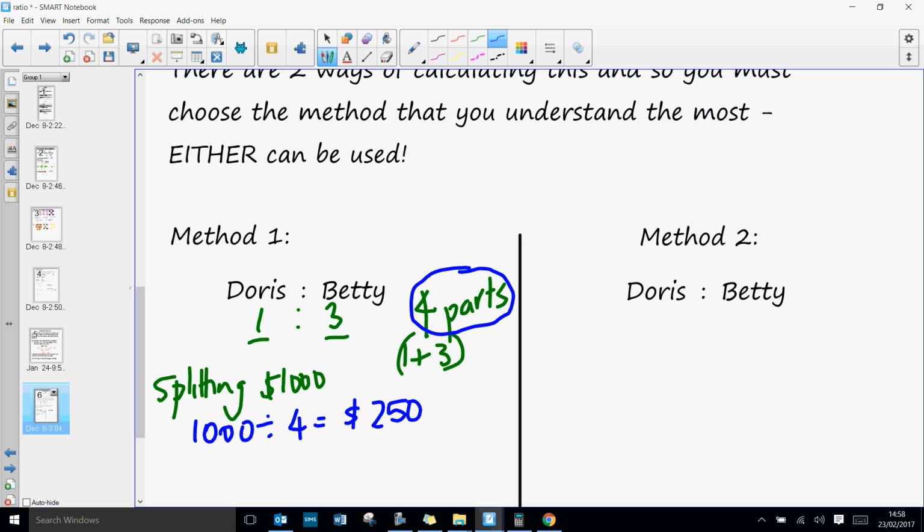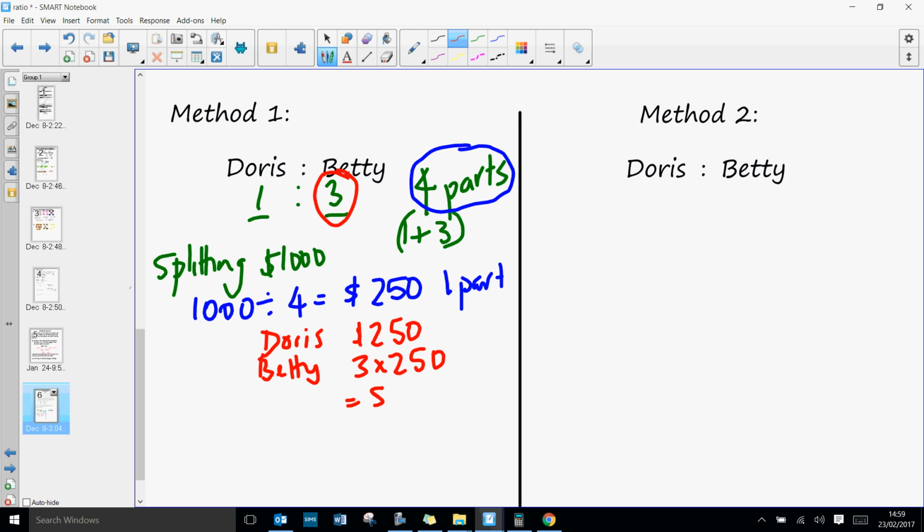So 1 part is worth $250. We now go back to the original question and see that Doris only has 1 part, therefore Doris is going to get $250, and Betty gets 3 parts, so she's going to have 3 lots of $250, which is $750.